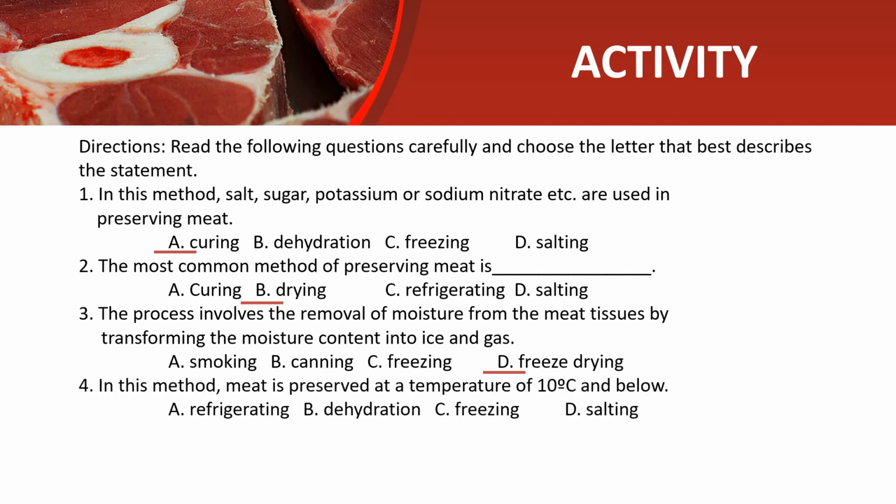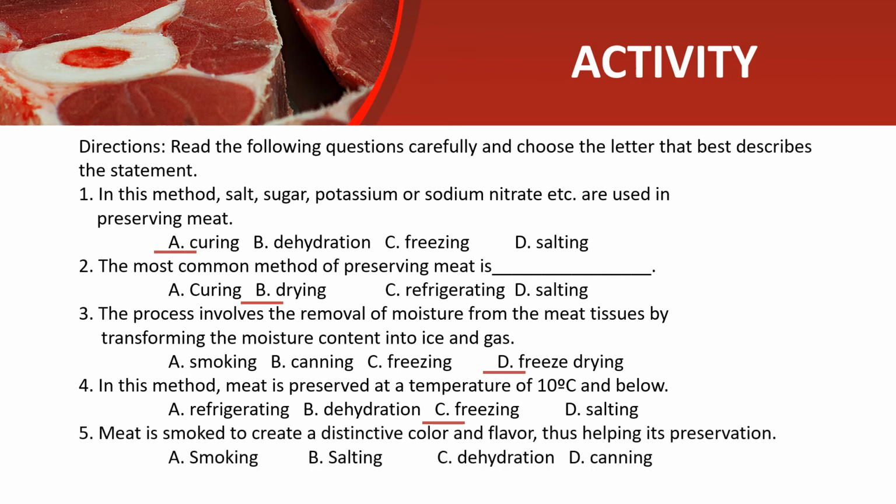Number 4. In this method, meat is preserved at a temperature of 10 degrees and below. Letter A, refrigerating. B, dehydration. C, freezing. D, salting. And the correct answer is letter C, freezing.